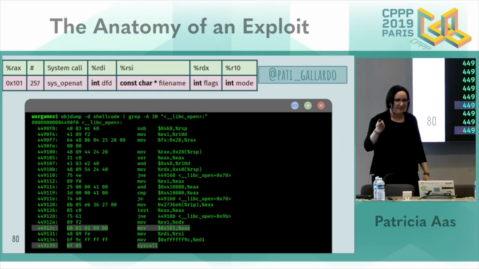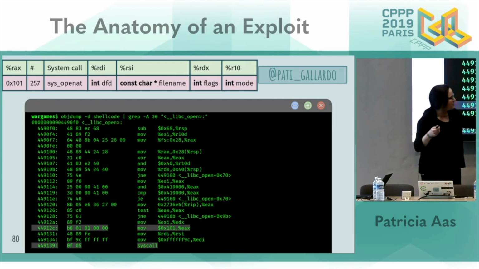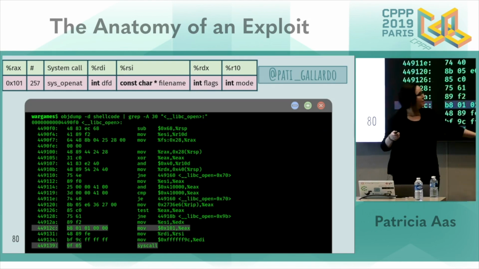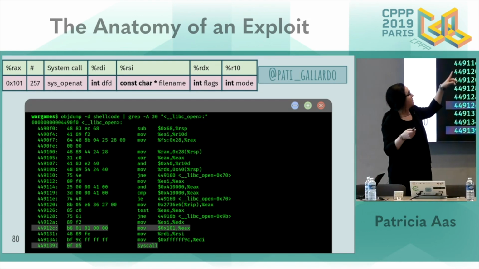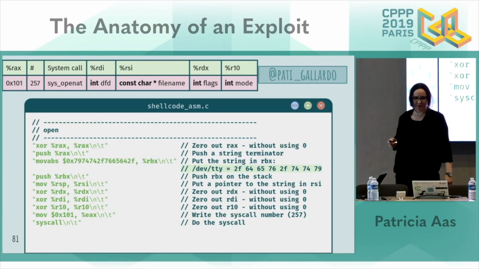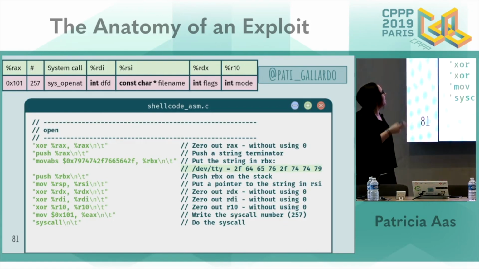So then we look at open, and here we have the syscall number loaded into EAX and then syscall. But there's a whole lot of other code, and this had lots of logic, and we wanted to make it as simple as possible. So we're trying to get away with as little as possible. So we used the trick that we did from before.